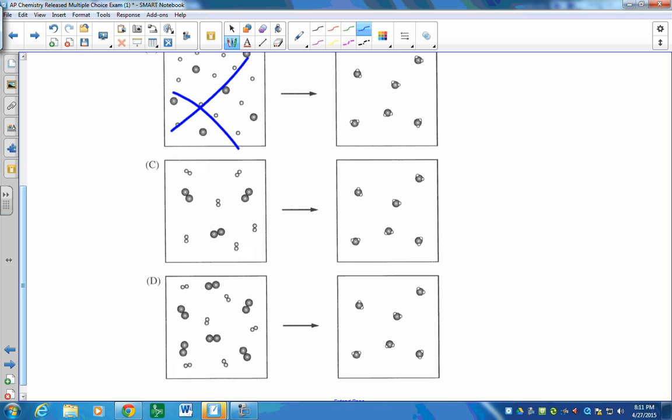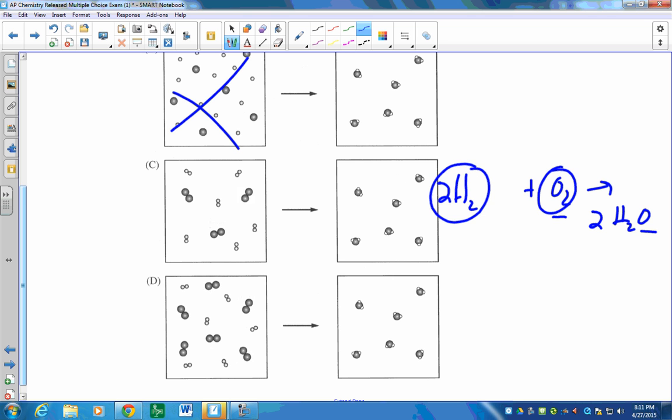And then the other thing you've got to know is H2 plus O2 goes to H2O. Because there's a 2 here and a 1 here, you need a 2 here and a 2 here, and the mole ratio tells me that you need twice as much hydrogen, and hydrogen is tiny, as oxygen. So let's just count.